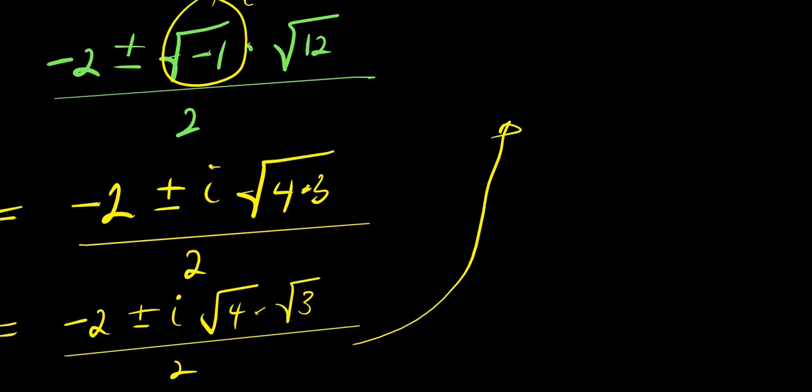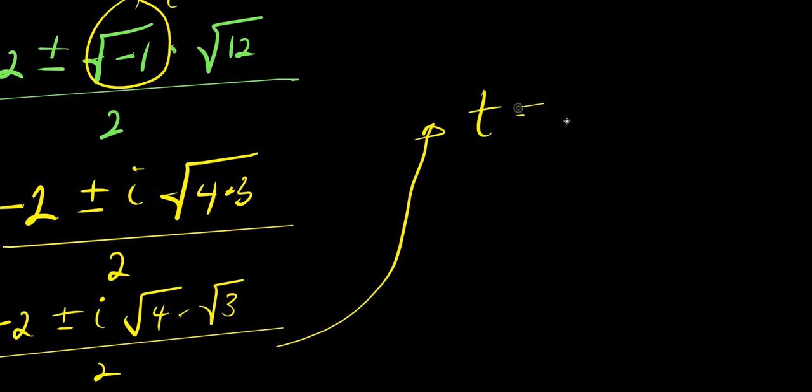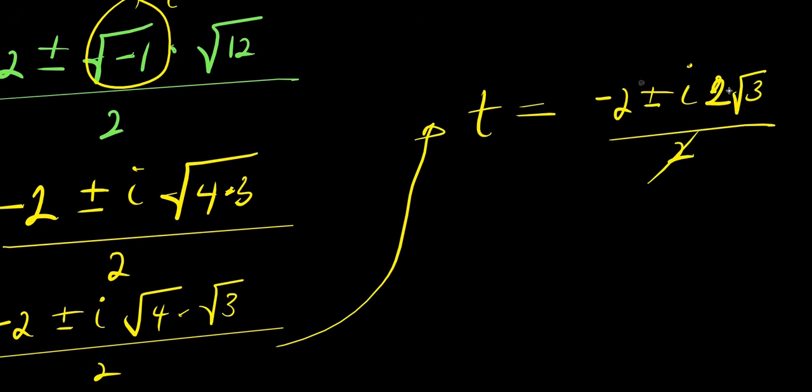So from here, we have t equals negative 2 plus or minus i times square root of 4, this is 2, times root 3, divided by 2. This cancels this. We have t equals negative 1 plus or minus i times root 3.